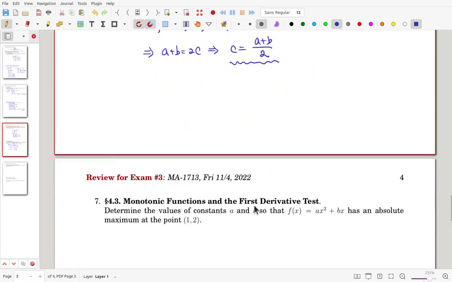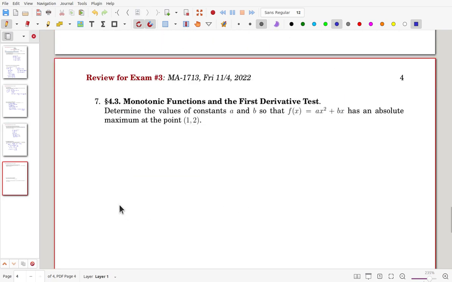Okay, number 7. We want to determine the values of a and b so that f of x equals ax squared plus bx has an absolute maximum at the point 1, 2.